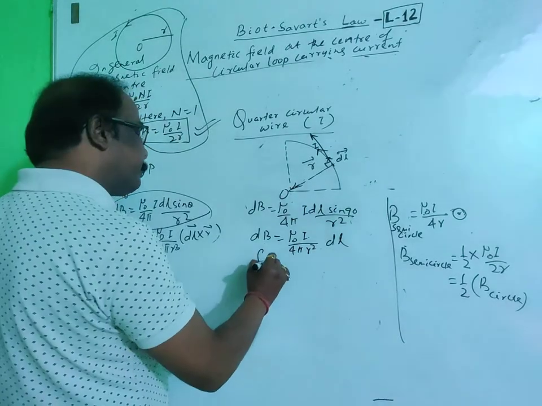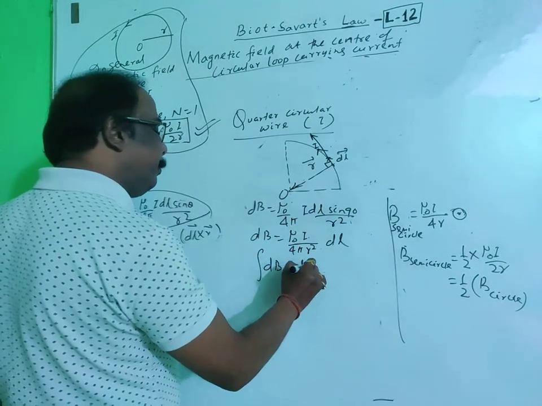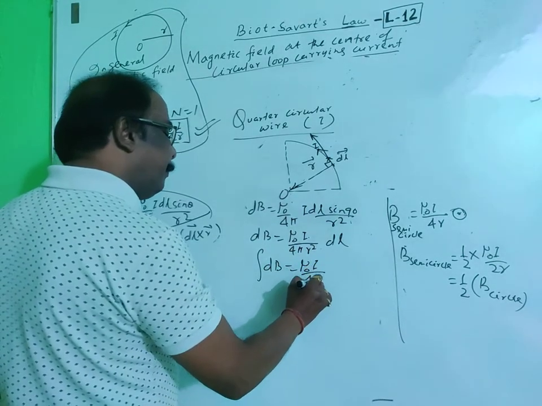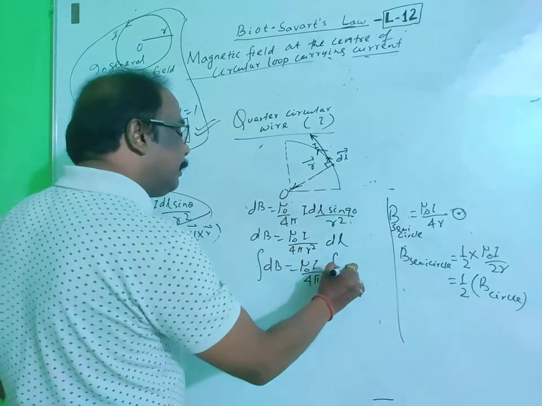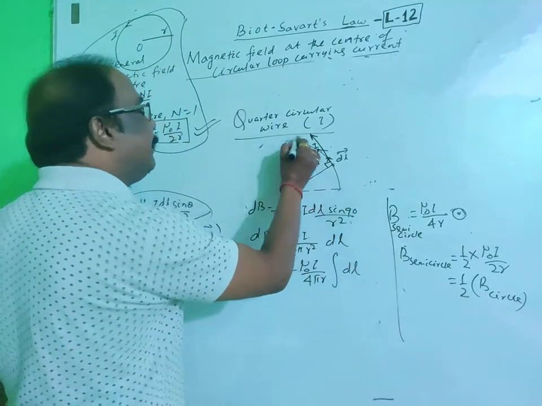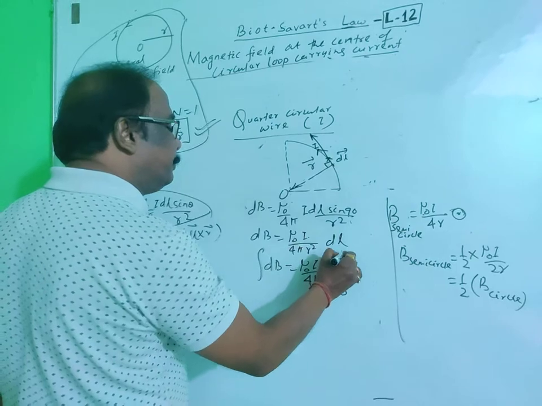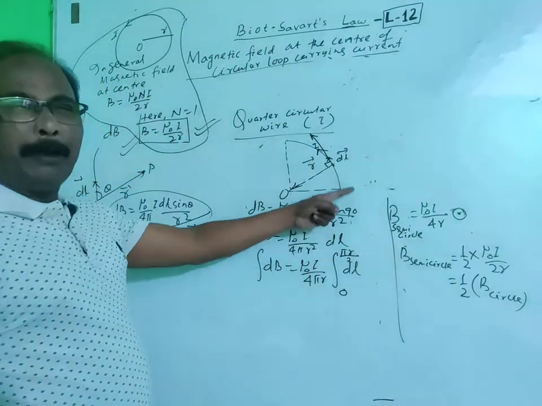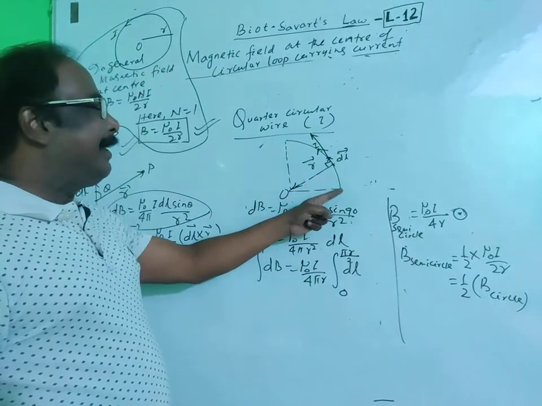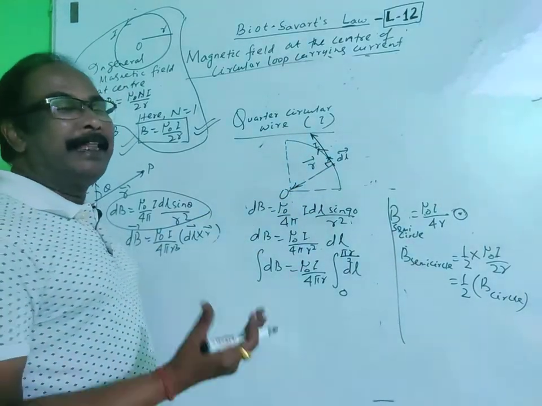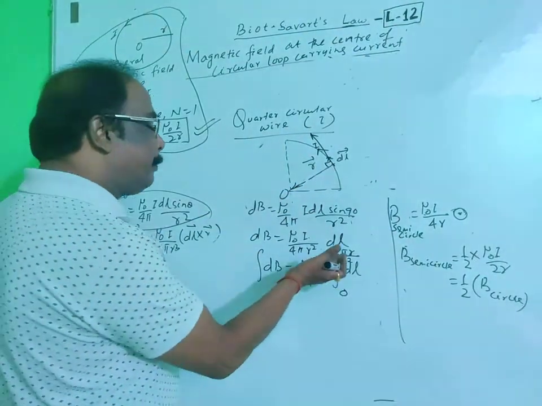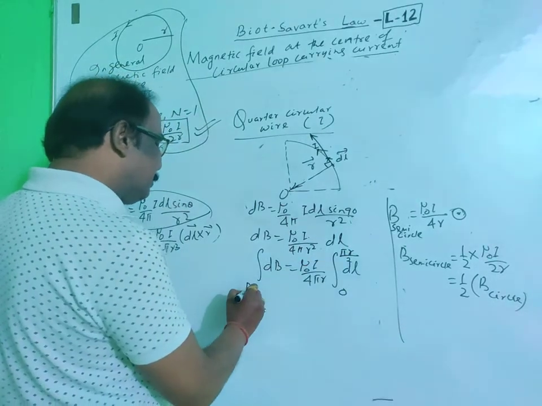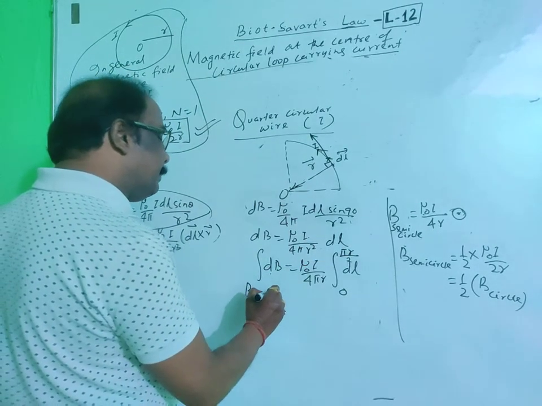Now integrate both sides: integration of dB, mu naught I by 4 pi r square integration of dl. Here length varies from 0 to pi r by 2. The length of a semicircle is pi r, the length of a quarter circle is pi r by 2.